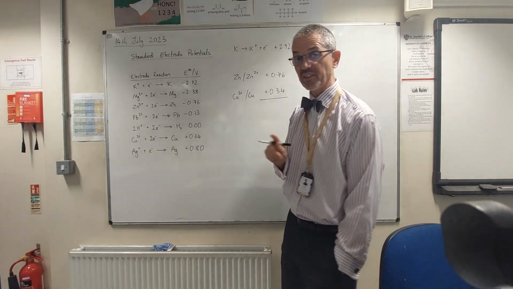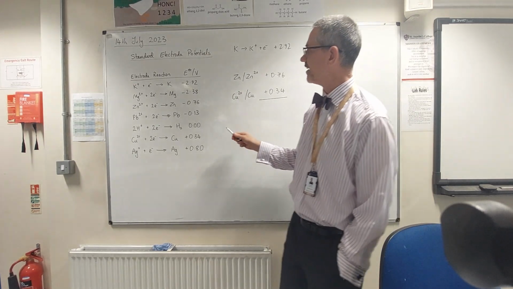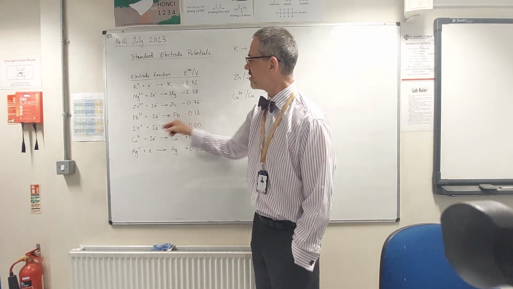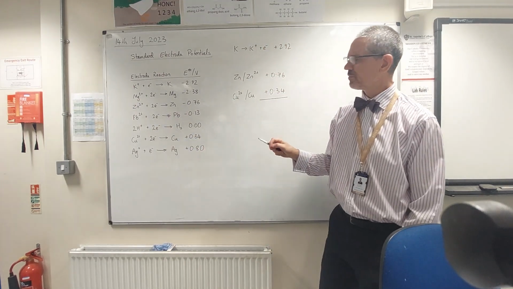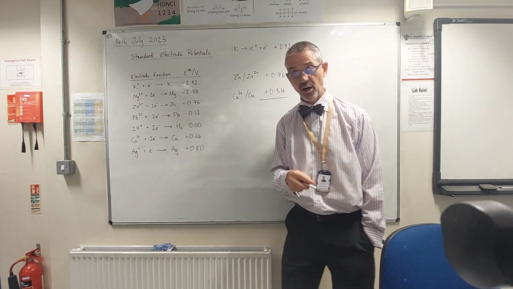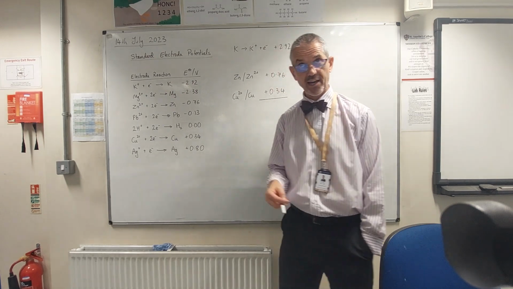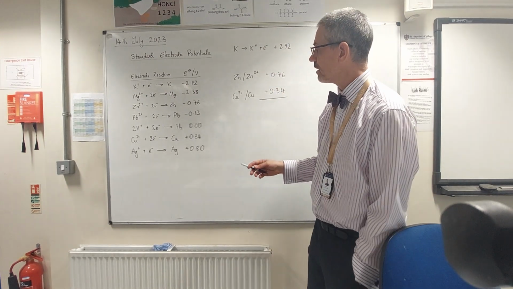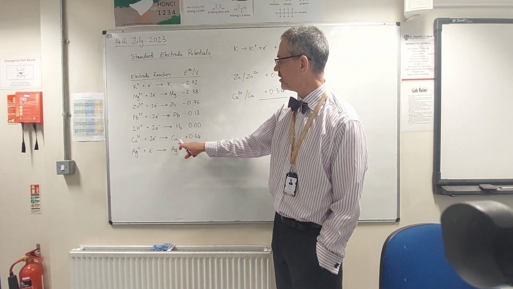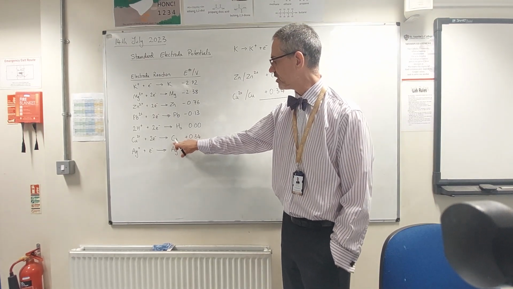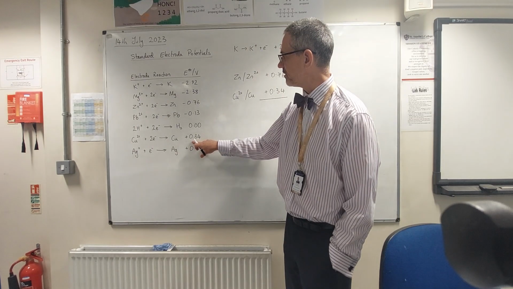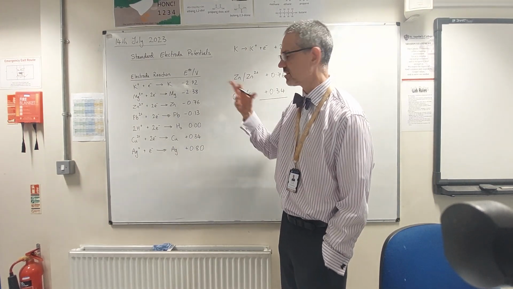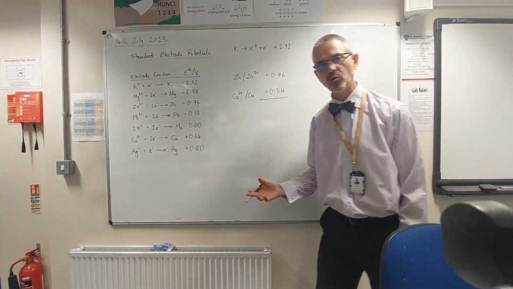If you missed my sleight of hand, let me just go over that again. I've got two reduction reactions here. I can't have two reduction half equations in a reaction. I've got to have a reduction and an oxidation. If I swapped the direction of this reaction, it would be minus 0.34 and minus 0.76, which would give me a negative number overall.